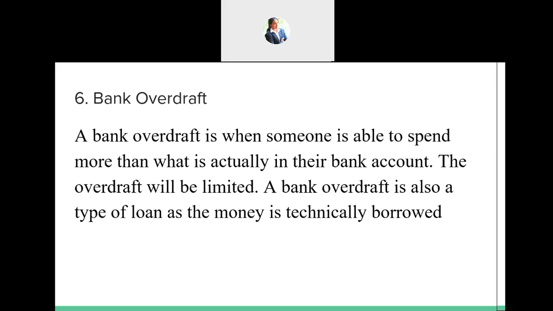But there is an option of overdraft. Now, whenever a business has an overdraft account, from that account we would be able to spend more, up to a certain fixed limit, than what is actually there in the bank account. Now, this overdraft is also a type of loan.